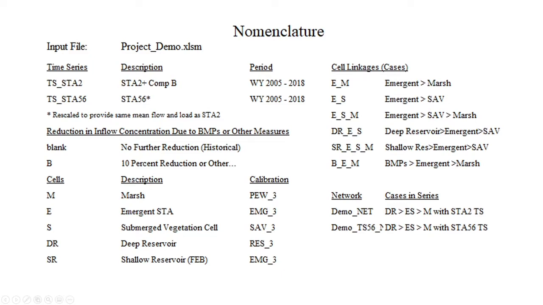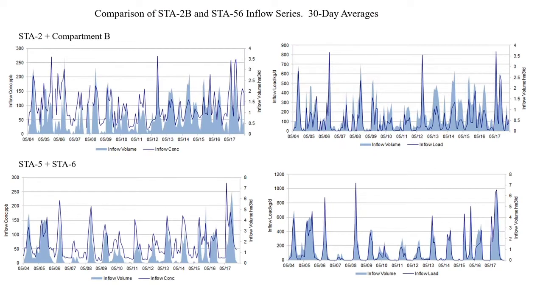If you're not concerned about simulating the marsh, you just want to meet the 13 parts per billion target, you could start with this ES case and adjust the cell areas and such. And then down here there are some sequences of shallow and deep reservoirs, and again with the BMPs upstream. And then there are 2 networks, one of which operates with SDA2 time series and the other with SDA 5.6.